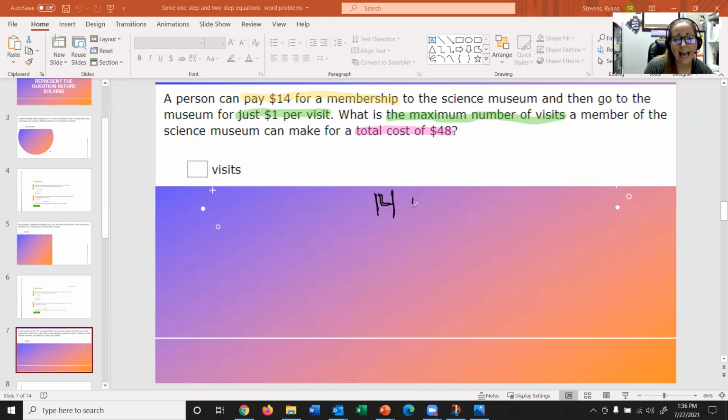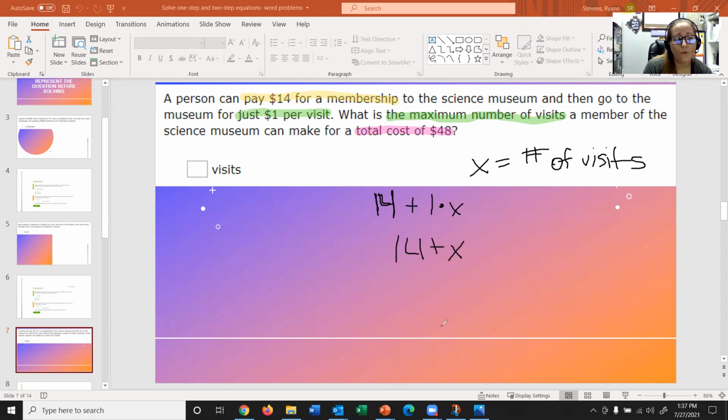So we would actually add this with, we could say 1 times X. So X is going to represent the number of visits. 1 times X, which we all know is just going to be 14 plus X. Okay.